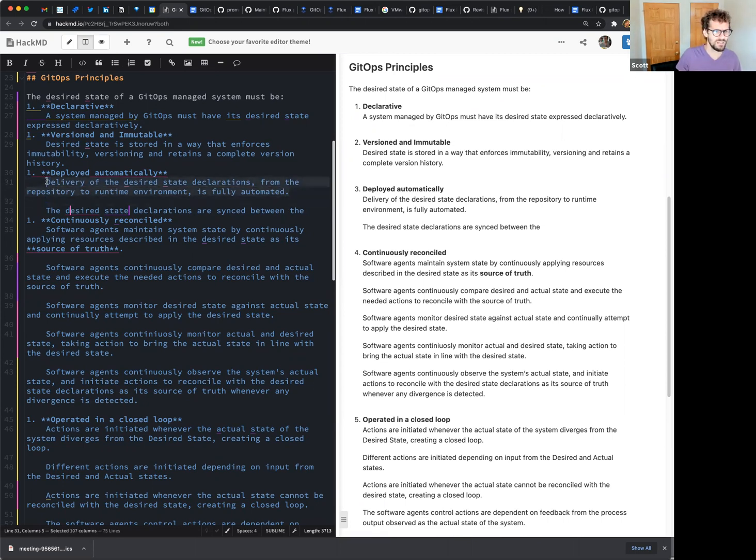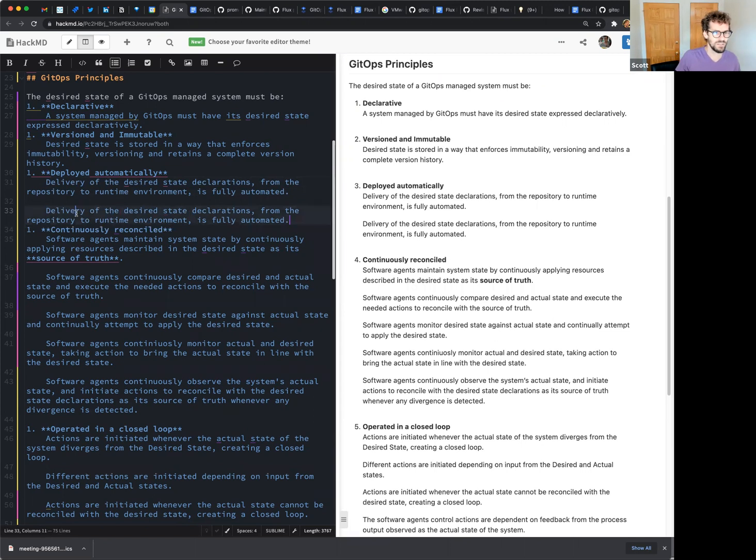I was gonna rejigger the sentence here, but that's kind of silly, because the point is we want it to be fully automated. So syncing. Syncing of desired declarations between, right?